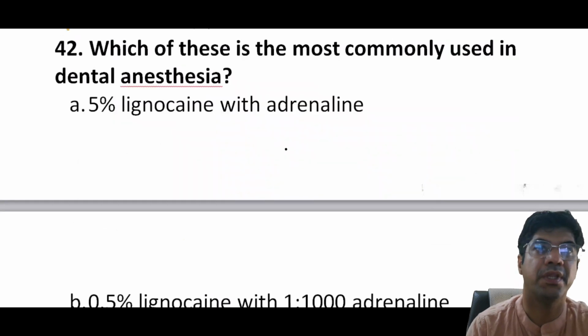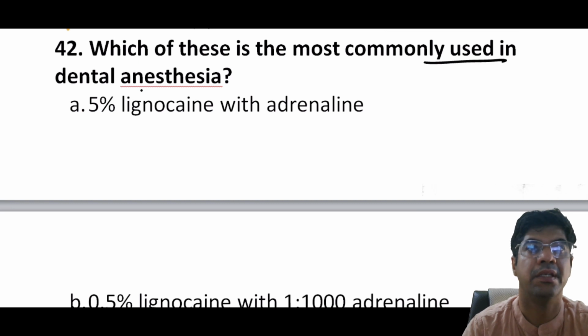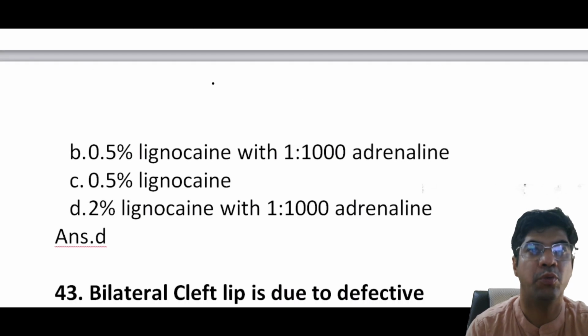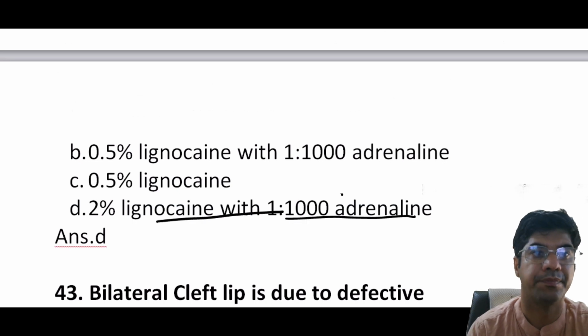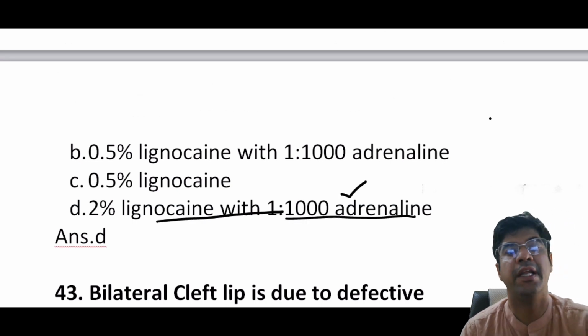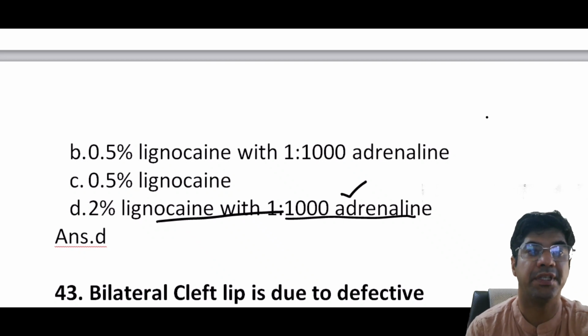Now, which of these is most commonly used in dental anesthesia? Well, the answer is D, 2% lignocaine with 1:1 lakh adrenaline. We know lignocaine is widely used in local anesthesia in dentistry as it is safe and has a rapid onset.